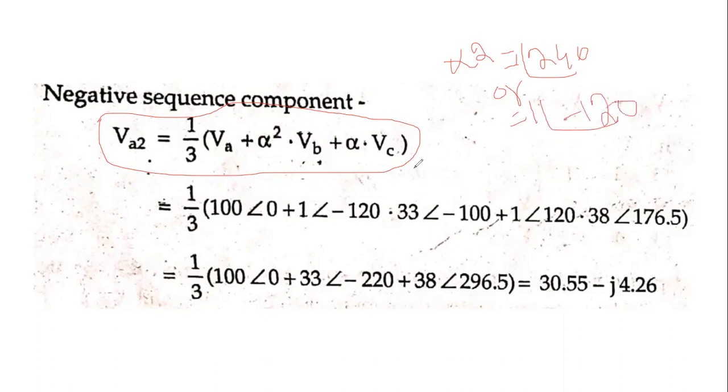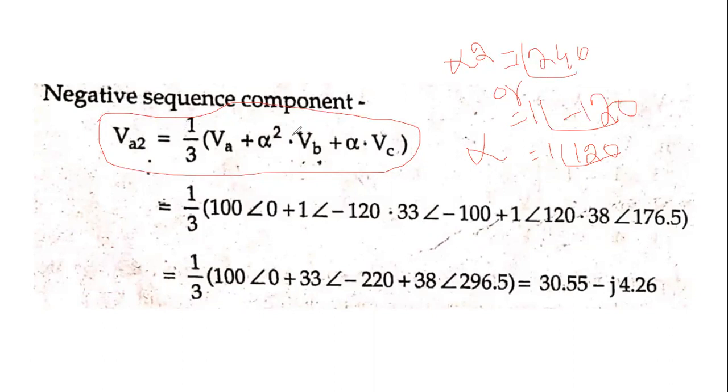Similarly, what is the value for alpha? Alpha is 1 at an angle of 120 degrees.